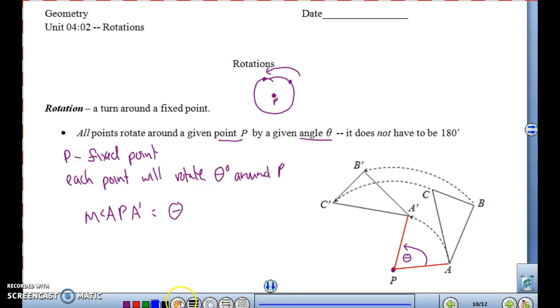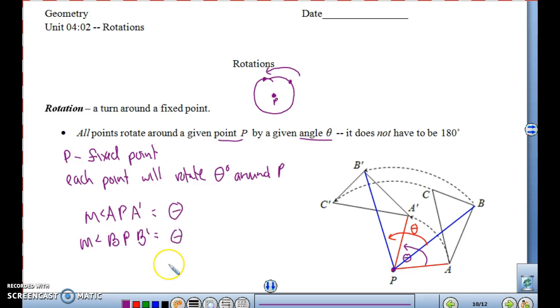Now, if we do another point, so we take point B. Point B will turn exactly the same way. So if you go from B to P to B prime, right here, this angle will be theta. It's exactly the same. So the measure of angle B, P, B prime will also equal theta.